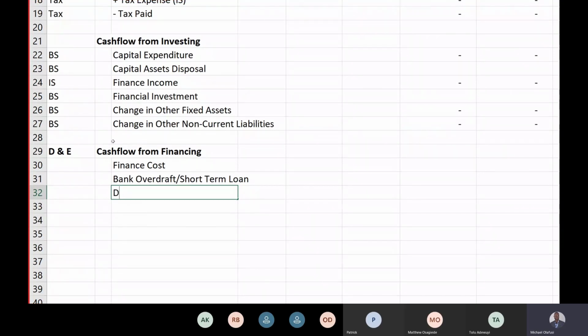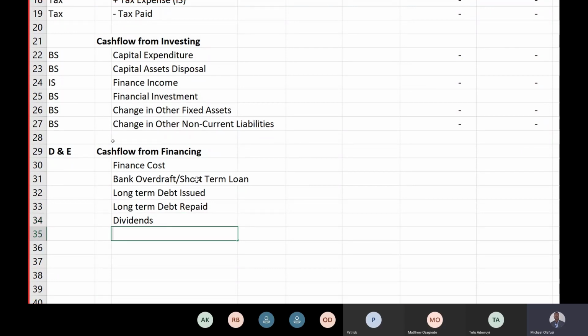Let's call it long-term debt issued, long-term debt repaid, then dividends that you pay, because you pay dividends out of the equity holders' money, so it impacts equity. Then did you raise equity? And did you buy back equity?